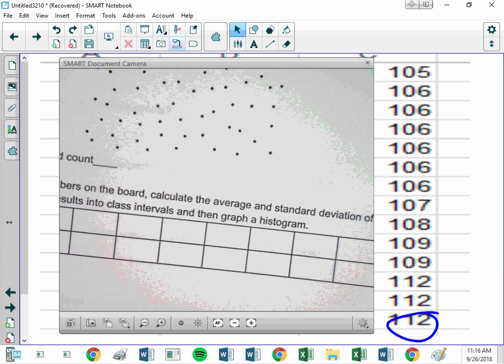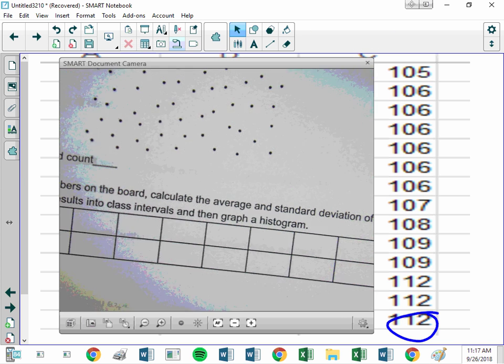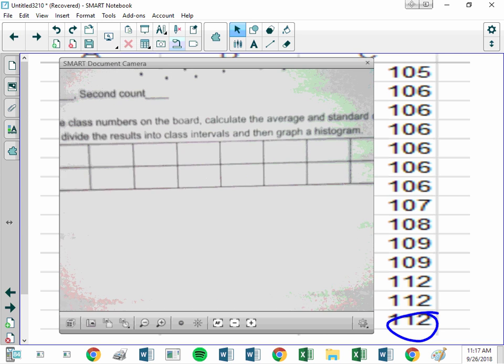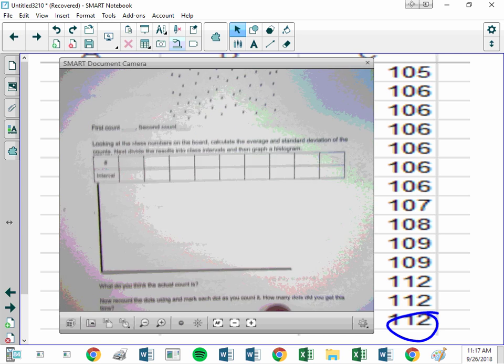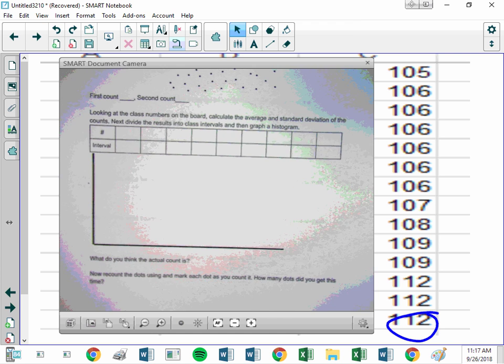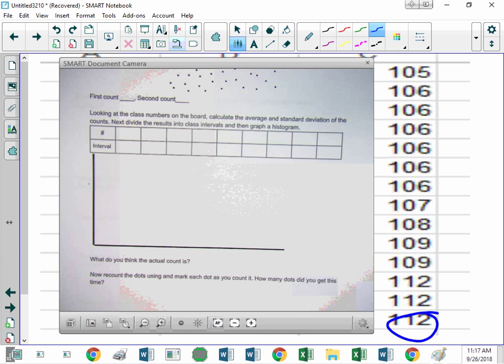Okay. So here is my histogram and my box. I'm actually going to add one box to it. Yours might look a little bit different, and that's okay.